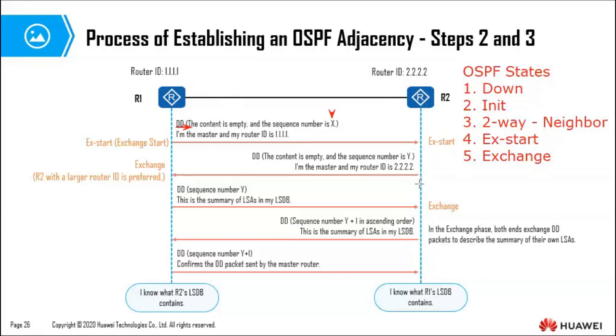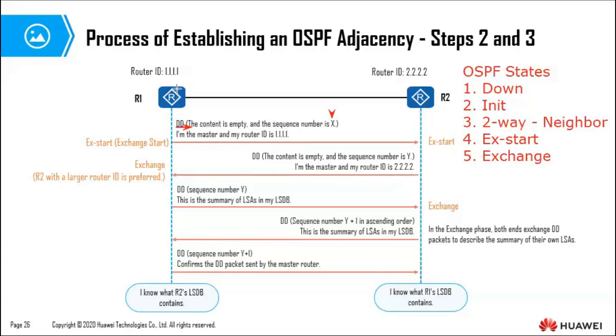Then this guy is also going to do the same thing. Generate a DD packet which is empty, give it a sequence number, for example, Y, then say, hey, I'm the master. You remember the master-slave relationship? This is where we want to form it. So this guy is also going to assume himself as the master. Hey, I'm the master. My router ID is 2.2.2.2.